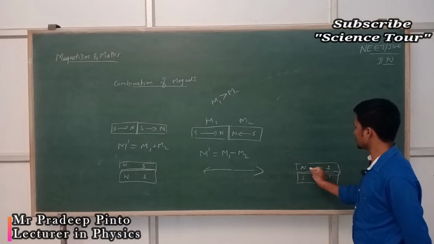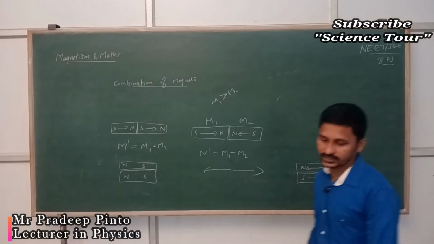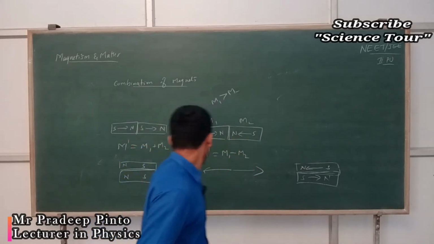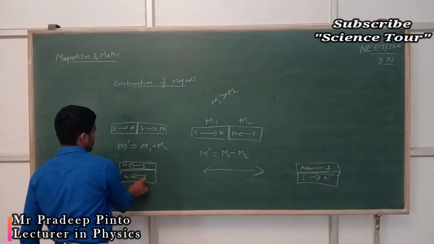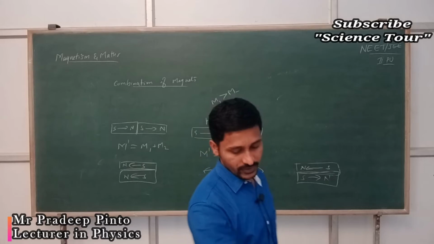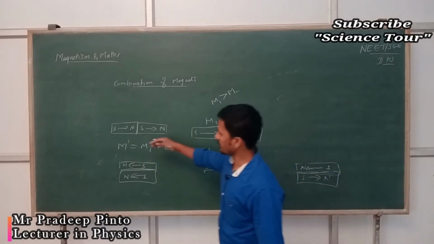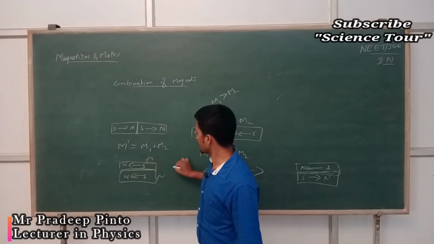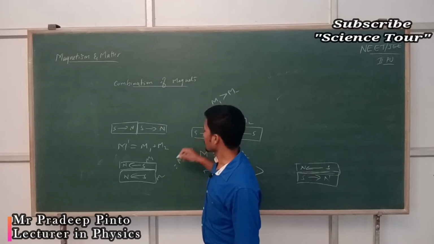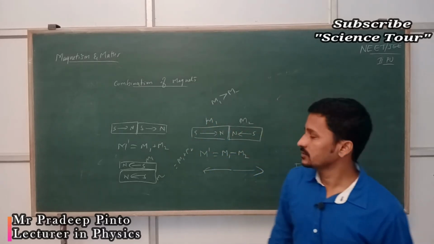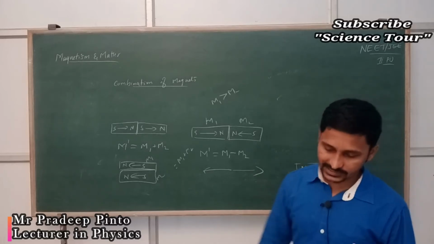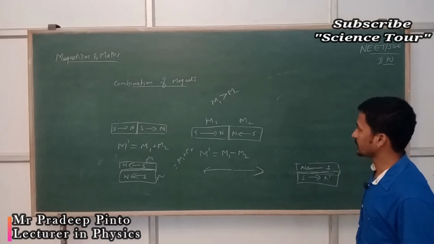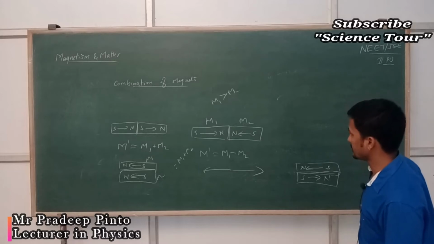North to south to north, south to north, in this way, since theta is equal to 0, you get a single magnet. So the magnetic moment becomes 2 times. If it is M1 and M2 you have to add M1 plus M2. If it was M and M, definitely you get 2M. This is what we get when two magnets are combined in this form.